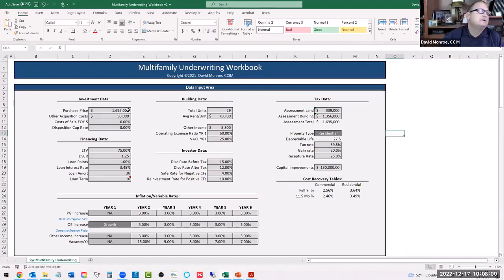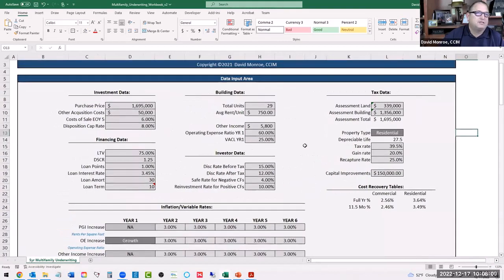Okay. So this is a 29 unit building. This is just something I put up here, and we can change this to be whatever you guys want it to be. And we'll actually change it so you can see some of the numbers. But you can see we have a purchase price of $1,695,000. That was the asking price when this was an actual deal I looked at. I can't remember if it was local or not.